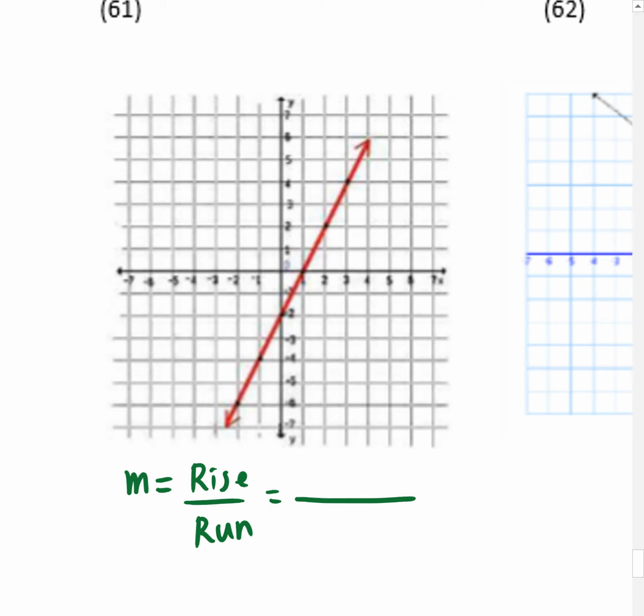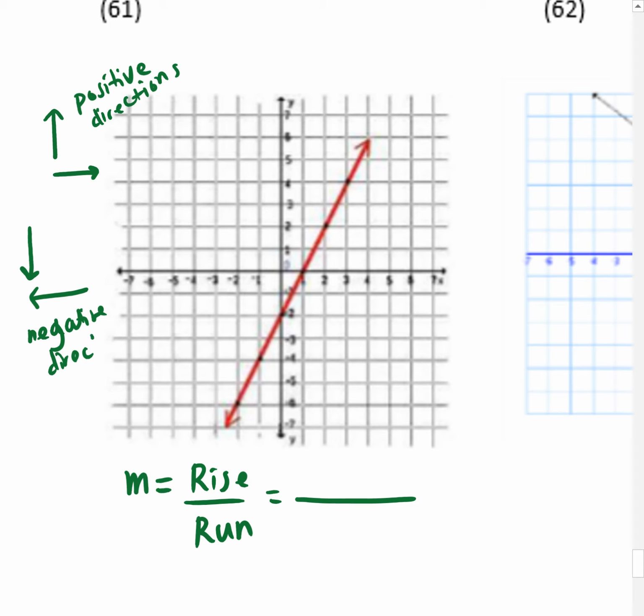Keeping in mind that up and right are the positive directions, because up on the y-axis is positive, and right on the x-axis is positive. But if you were to go down or to the left, those are the negative directions. So if you go from one point to another and you're going up or to the right, you're going to keep it a positive number.